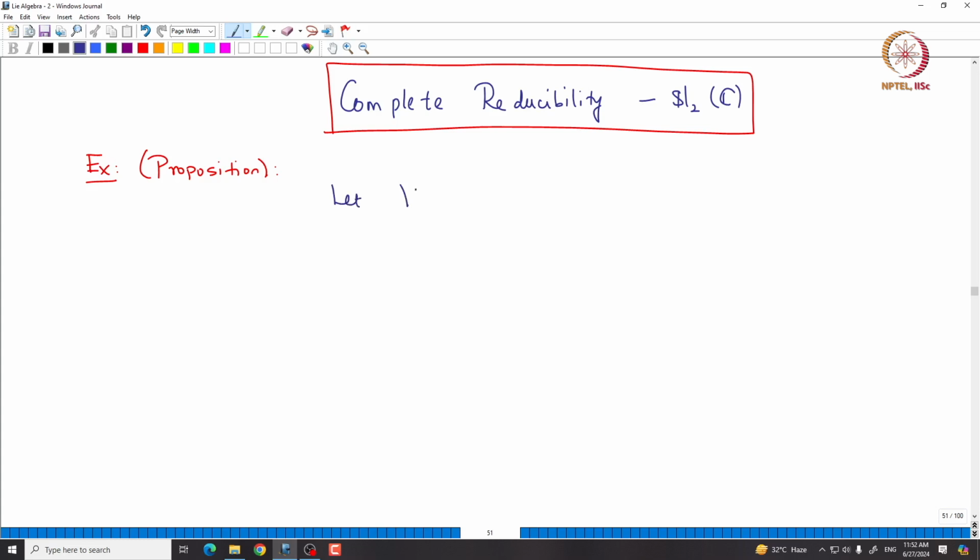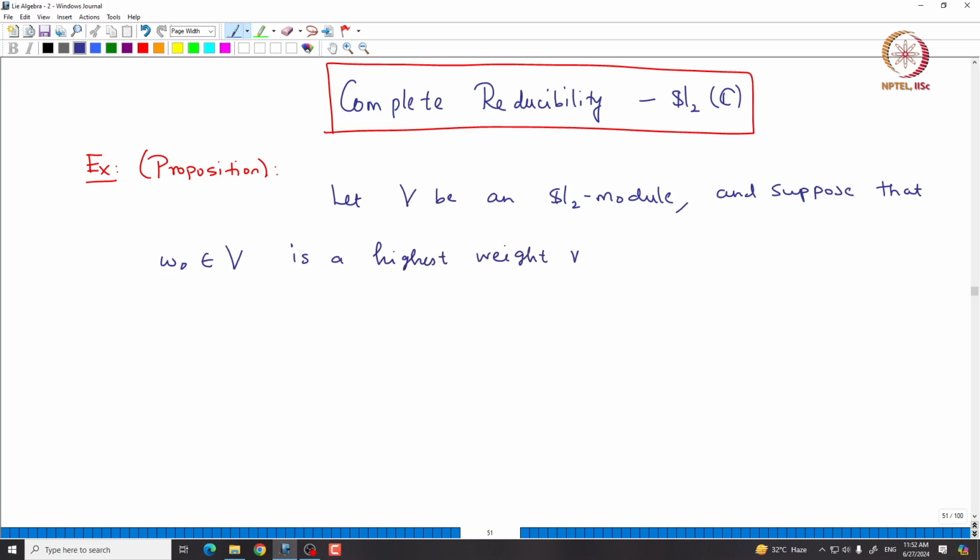So, let V be an sl2 module. And suppose we have W naught, which is in capital V, is the highest weight vector of weight m.